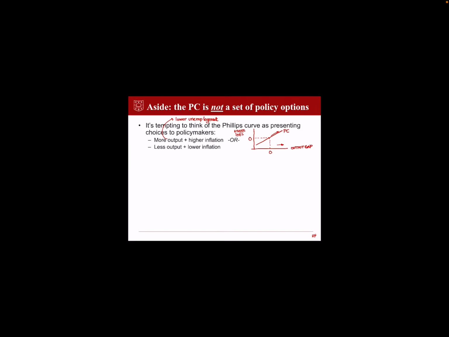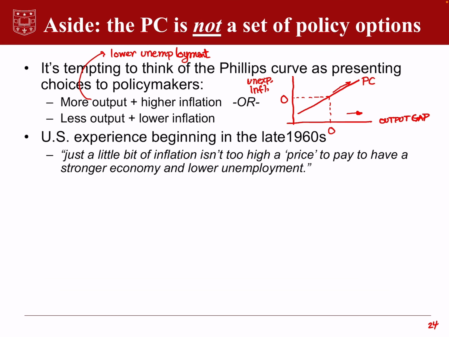But what I want to do is say that that's not quite right. Indeed, US policymakers, and perhaps those in other countries as well, made a fatal flaw in the late 1960s and through the first part of the 1970s, perhaps, trying to exploit, if you will, this relationship between output and inflation, and juice the economy, partly out of necessity.